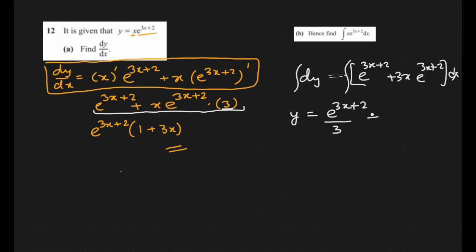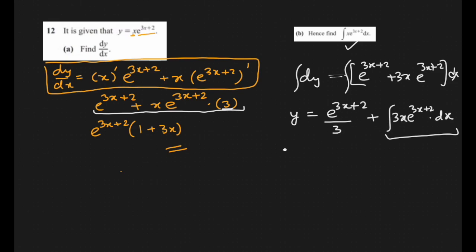Then integration of this, I will not do anything. I'll just leave it like this, 3x e to the power 3x plus 2 and dx. Because this is the question, if you remember, can you see it is matching exactly like this? Only 3 is extra here, right? So I'll take care of that later.